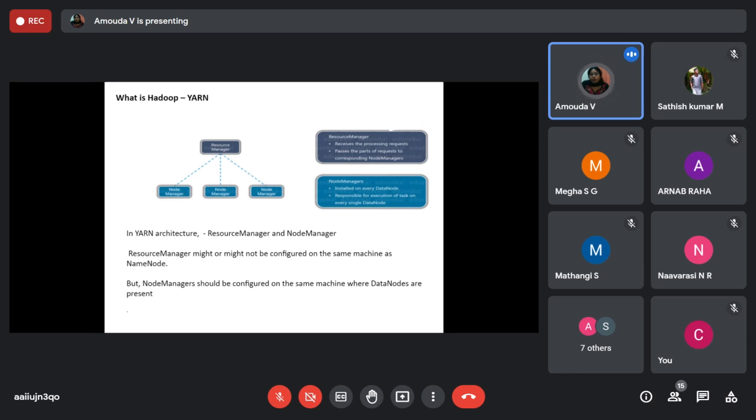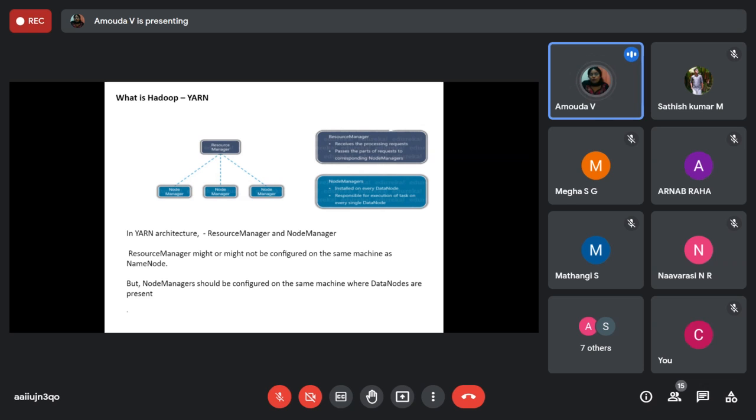This yarn is the component which processes the data. HDFS is only for storing the data in terms of a block distributed system, and two nodes are taking care of storing the data by having metadata and data. But yarn is the component of Hadoop that is doing the processing.